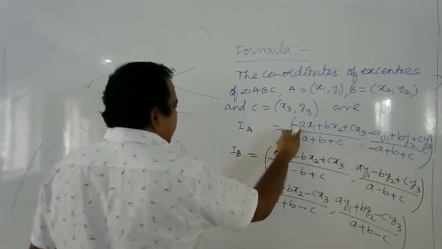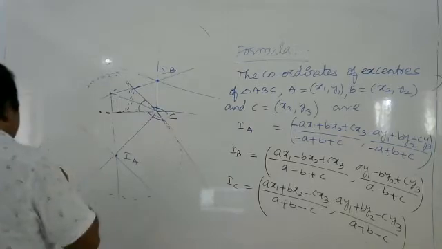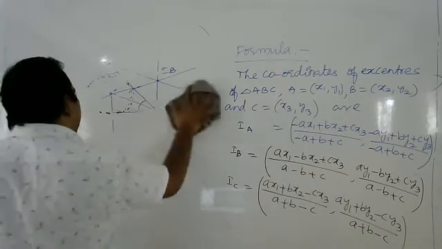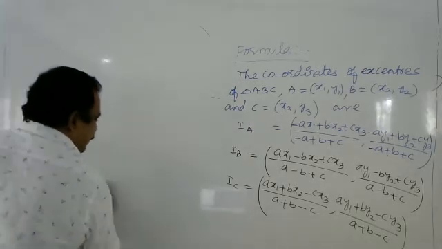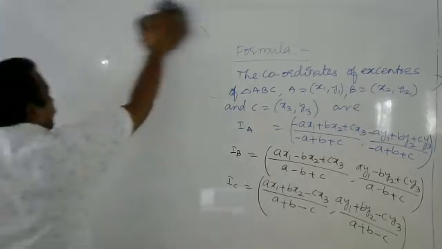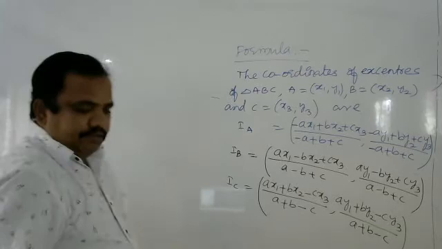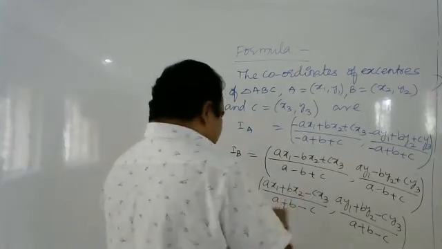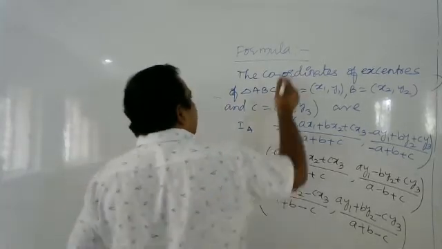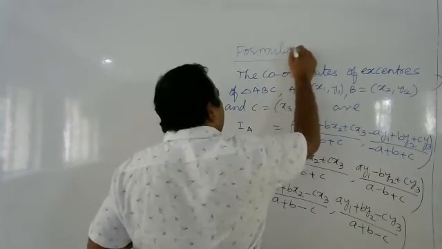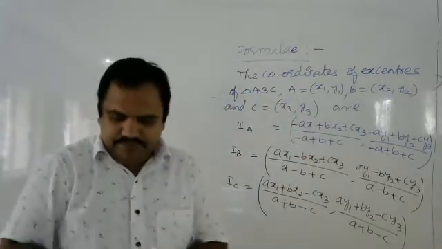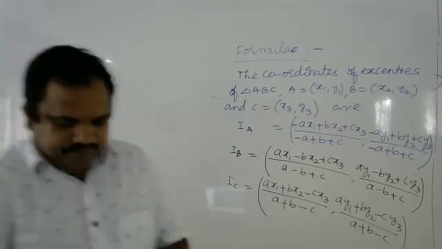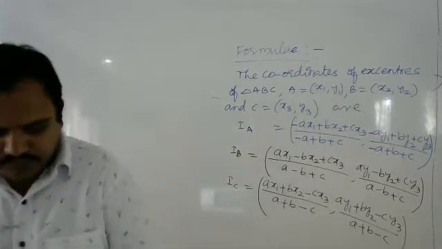You know very well small a is BC, small b is AC, and small c is AB. So then you can take the formula here.